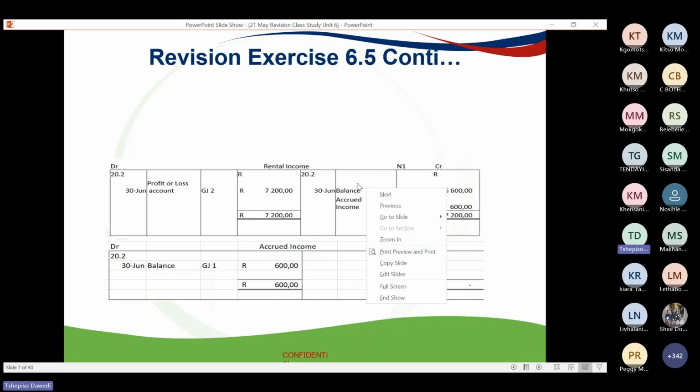That is the information that we would have been provided with. Part 2 is when you record and do the necessary adjustments. I just want to take you through the actual control accounts that we're busy with.